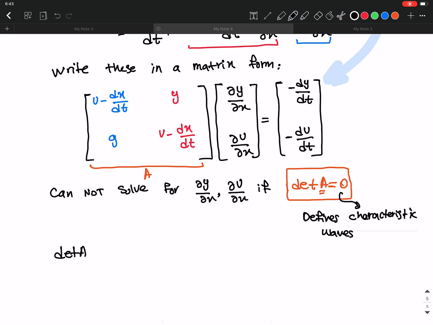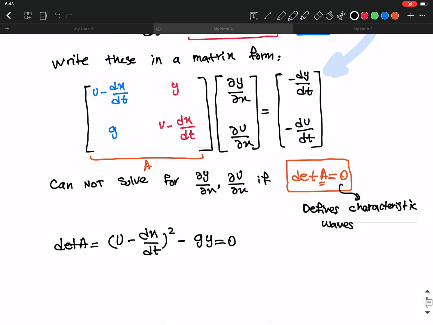So if we set the determinant of A, it is going to be (u minus dx/dt) squared minus gy equals 0. This is coming from that matrix. And thus, this is going to give me u minus dx over dt is plus minus square root of gy.